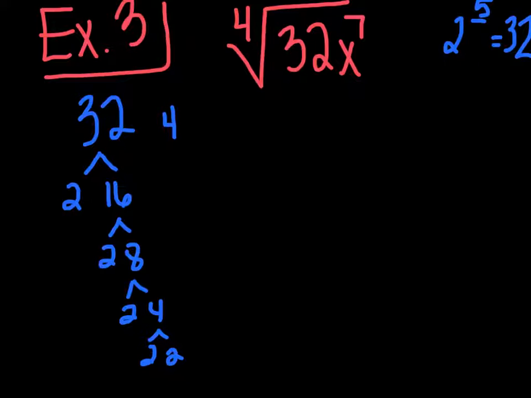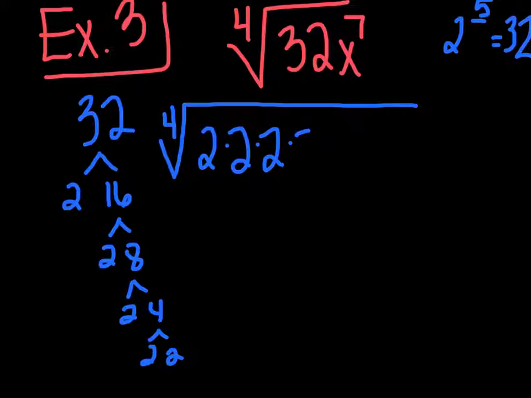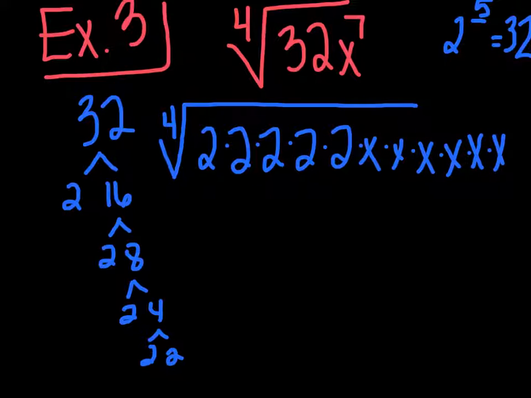So we have our root of 4. So 5 2's. And then there are 7 x's. Okay. So now we'll circle 4 for everything.